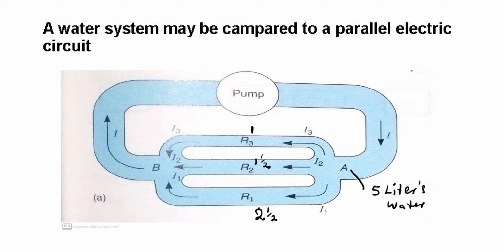When you add up R3 (1), R2 (1.5), and R1 (2.5), it gives you a total of 5 liters of water. Is that understood now? That is a point you need to note.